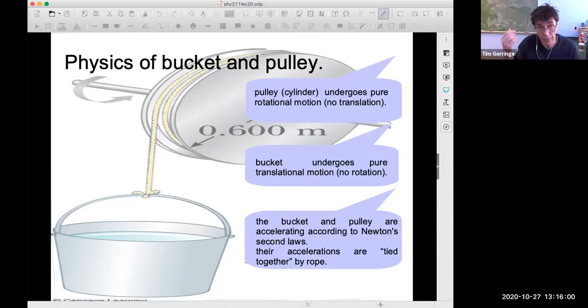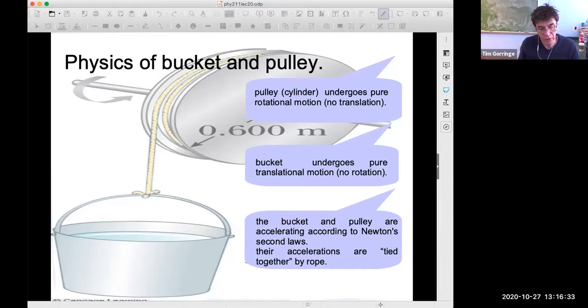On the other hand, the bucket, when it's falling down the well, is undergoing pure translational motion. There's no rotation of the bucket. And so this problem involves translation of one object, the bucket, and rotation of another object, the pulley. Now, the key thing is that the bucket and the pulley are tied together by the rope.